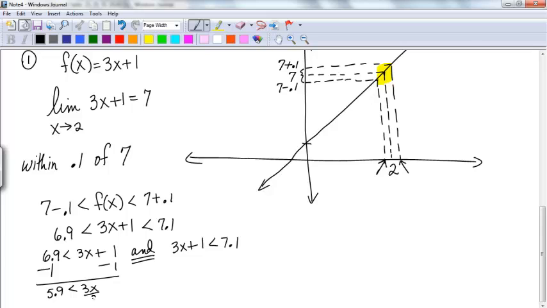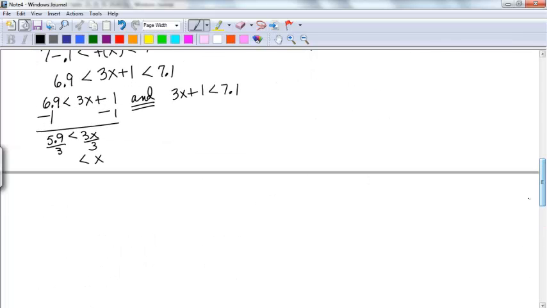And then divide that out, what do you get? Do it on your calculator. 1.9. Does it round exactly? 1.9666 repeating. Okay, and that's repeating.